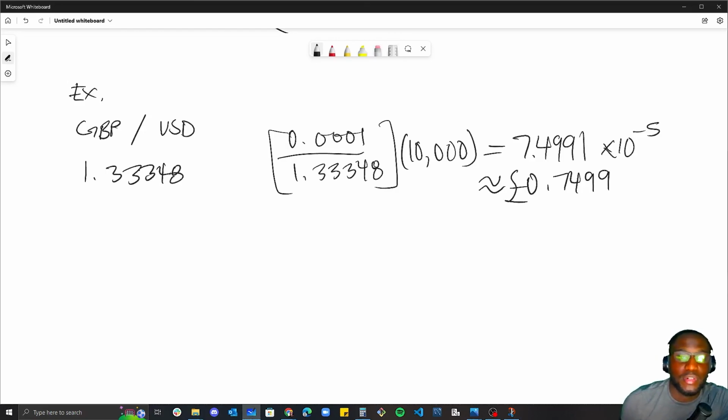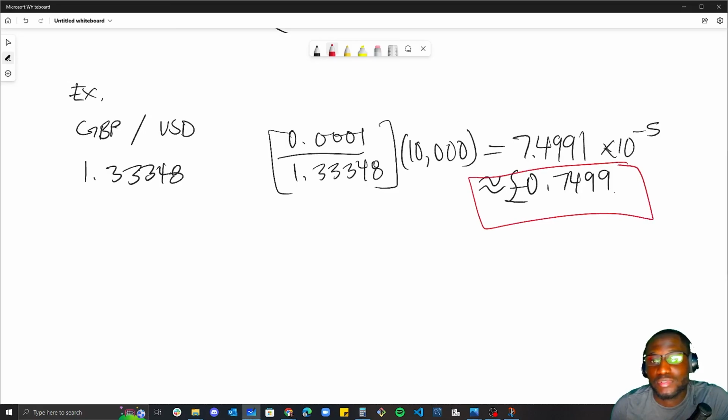If you got about 0.75 pound per pip move, then you're right. That is the final answer. Cool.